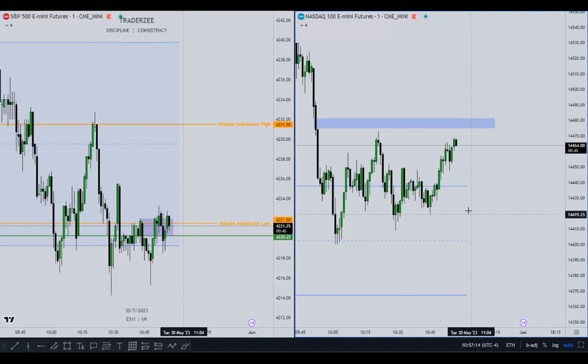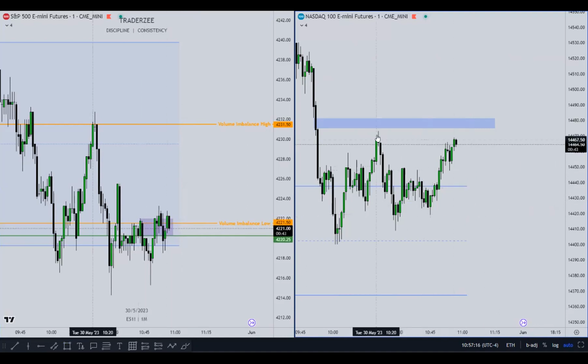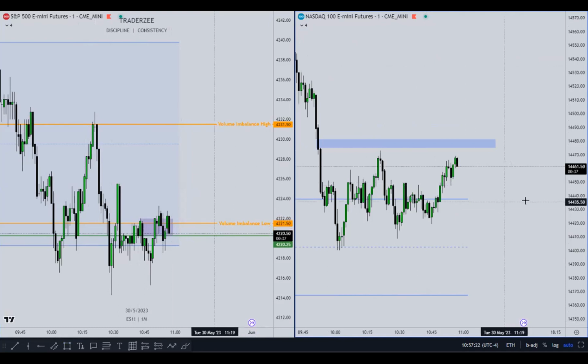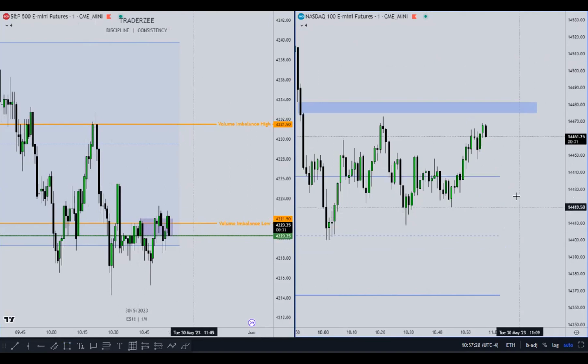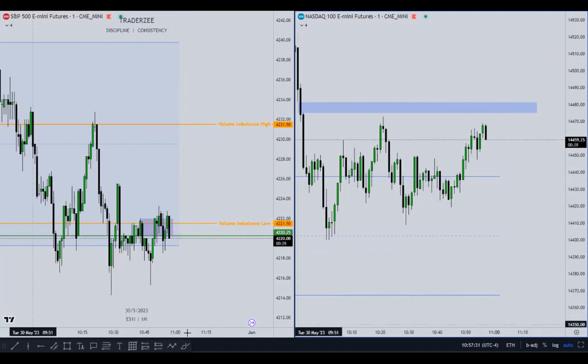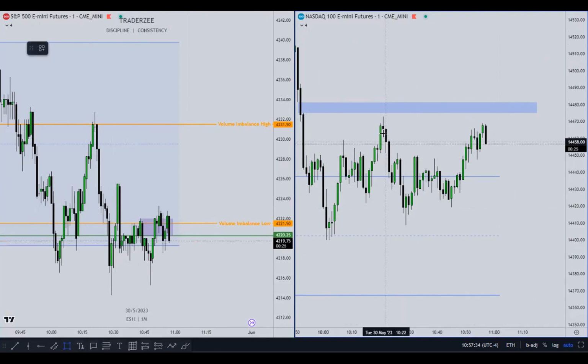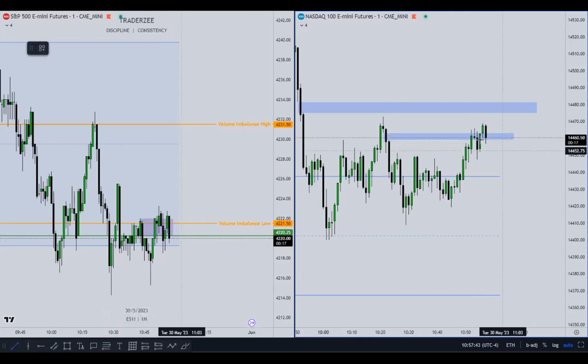Nasdaq, I think it will take out the high, this high, and go into this level gap. These are the levels to watch for Nasdaq. We want this level gap to support price. We don't want the mean threshold of this order block to be violated with the body of a candle. Just roughly eyeballing it, not correct.